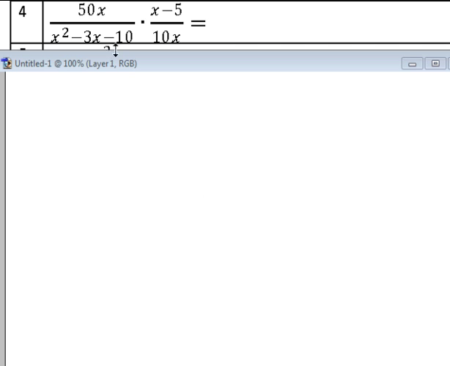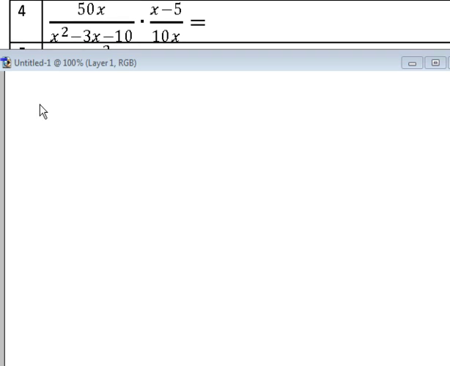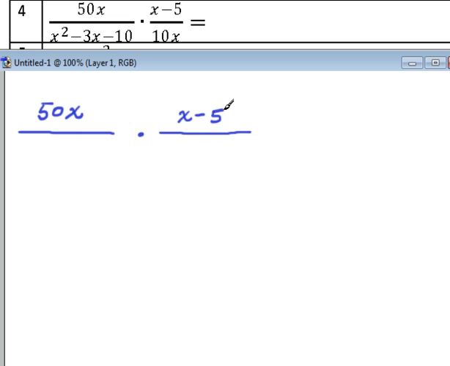Number 4 is a product. We're multiplying, and what we do is before we multiply, we try to reduce if possible. All right, so let's factor and see if we can cross off some common factors before we multiply. All right, let's factor x squared minus 3x minus 10.